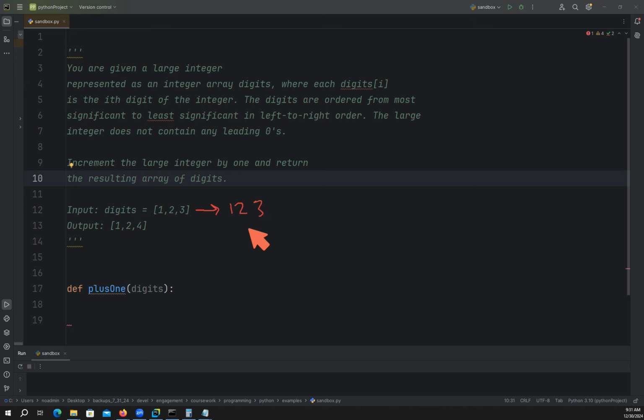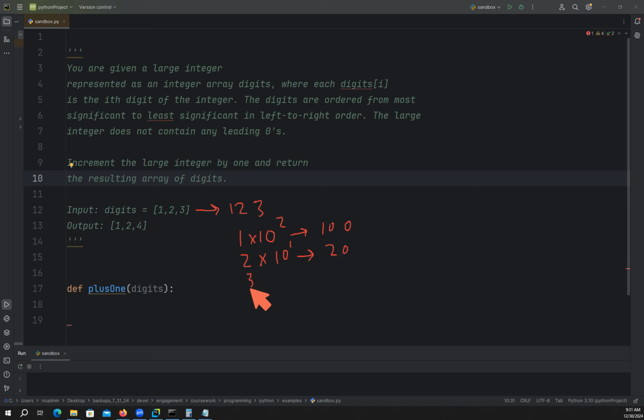Looking at the number 123, you could break that down into 1 times 10 squared, equaling 100, and it's 2 times 10 to the first, equaling 20.